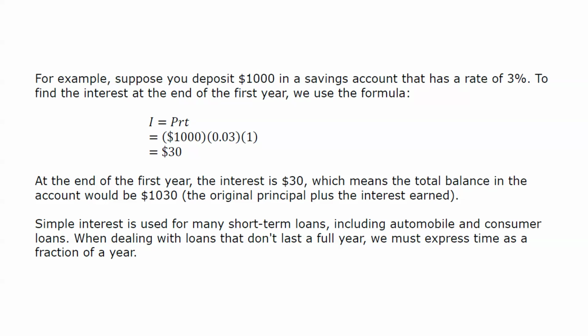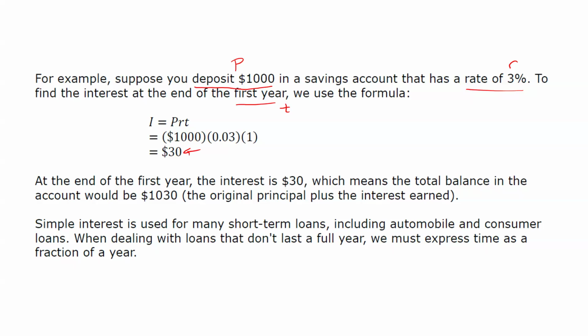For example, suppose you deposited $1,000 in a savings account that has a rate of 3%. To find the interest at the end of the first year, we would use the formula I equals PRT, where P would be the amount you deposited, 3% would be your rate, and you want to find the interest at the end of the first year, so 1 would be your T. When you multiply all these values together, you get $30.